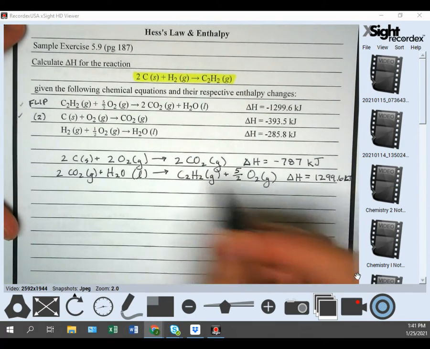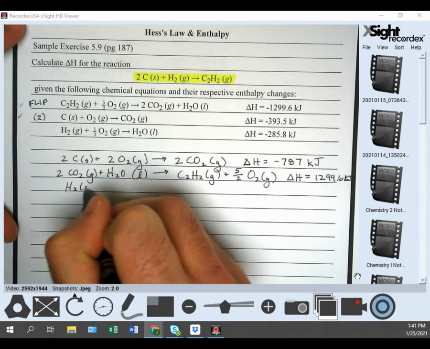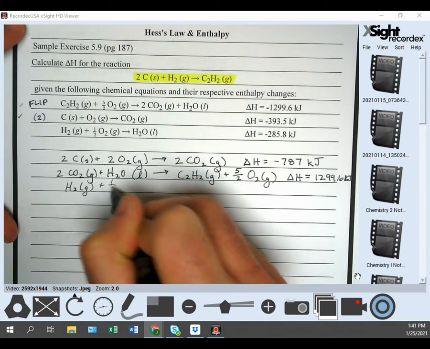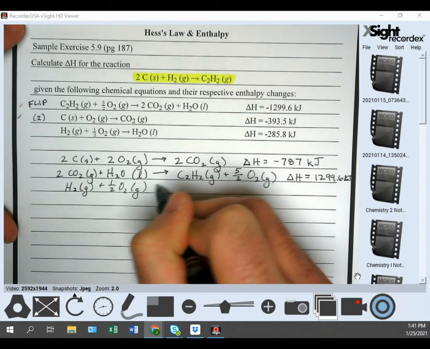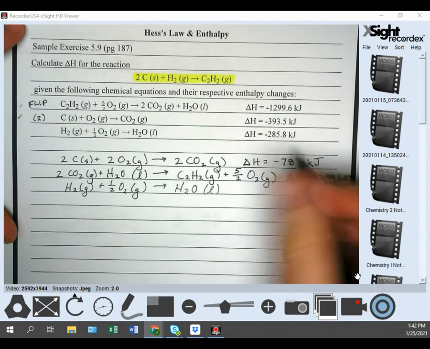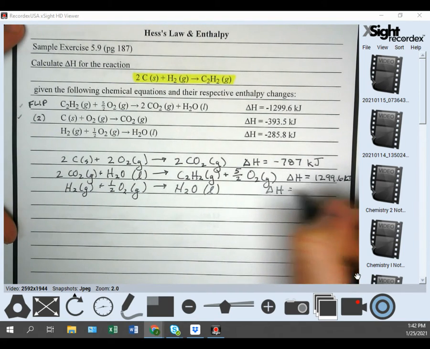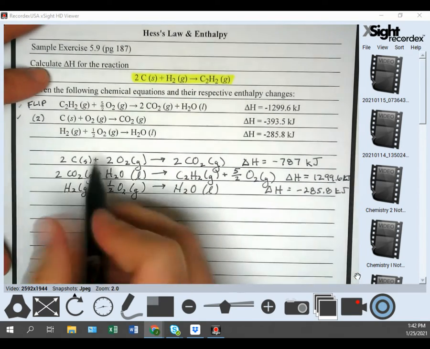So H2 gas plus 1/2 O2 gas yields H2O liquid. And our delta H stays the same, negative 285.8 kilojoules.